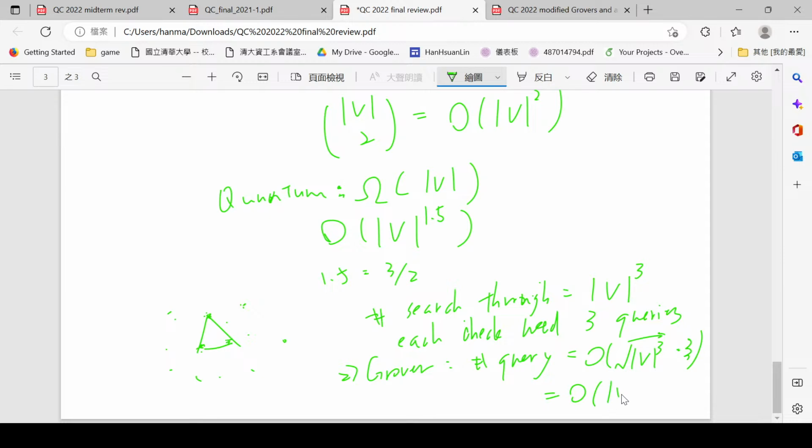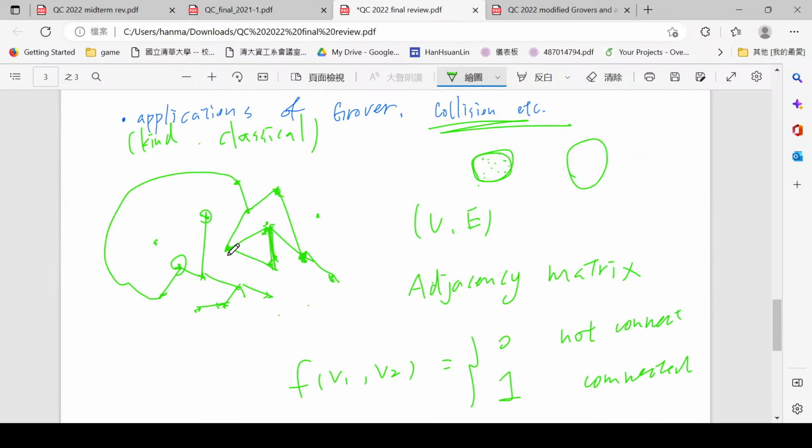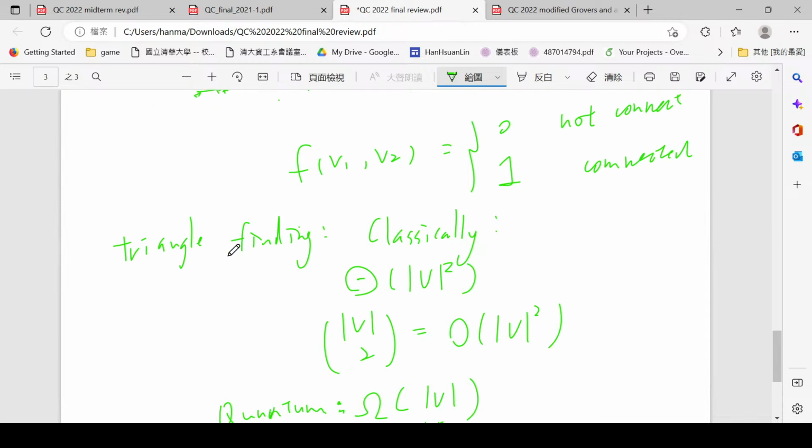That's order v to the 1.5. That's an example, and you might get another graph problem in your final.